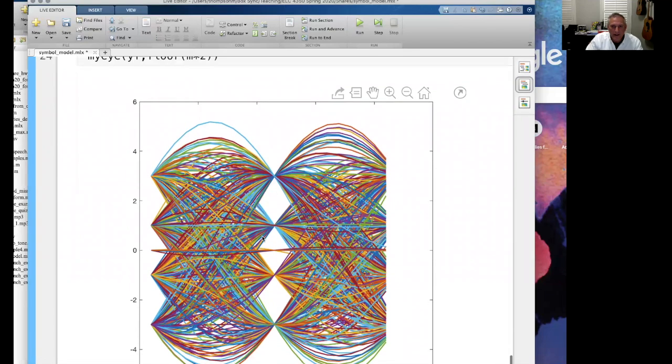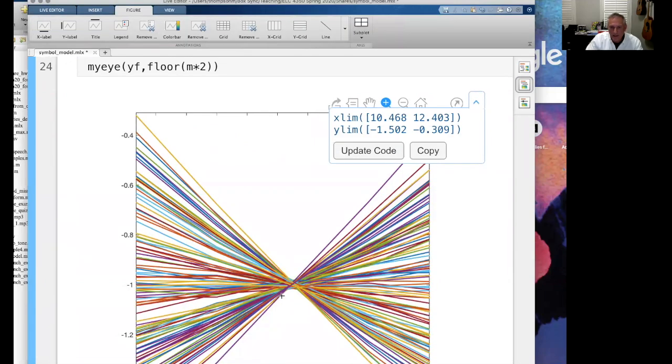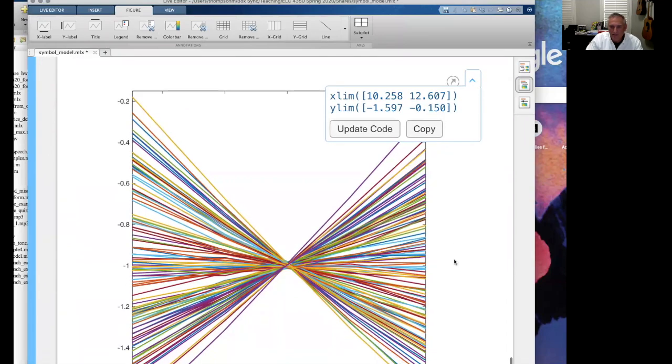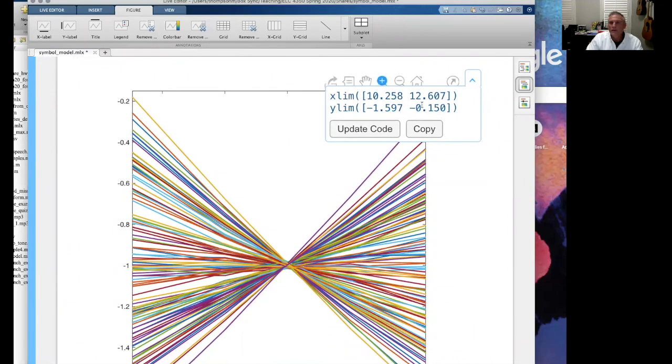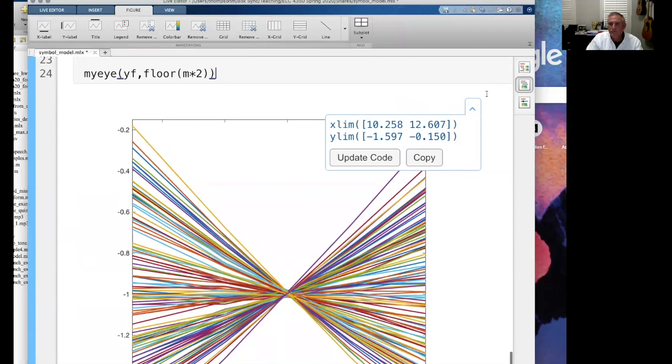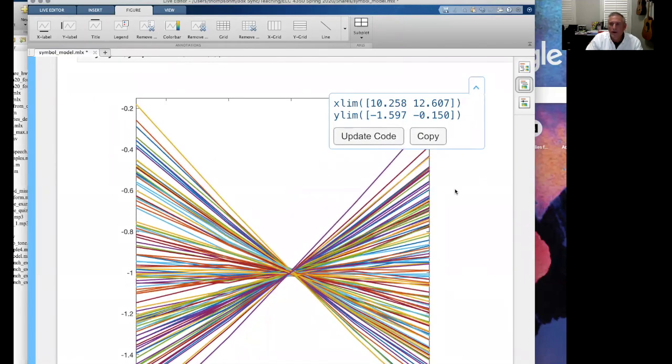What I want to do is zoom in here and show you. If I zoom in, I can look at this particular point in time, and we move the axis up where you can see it. I'm trying. Oh, this is stuck.